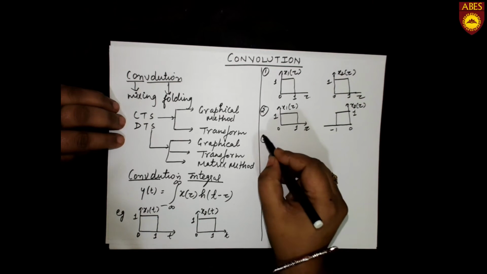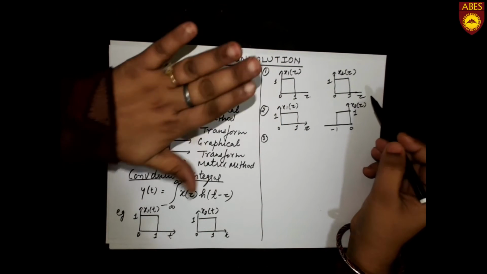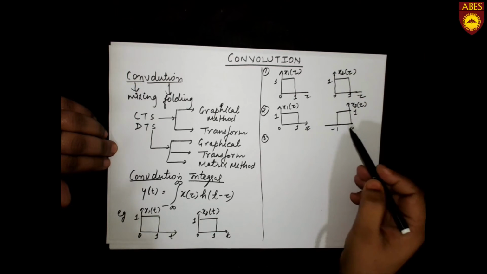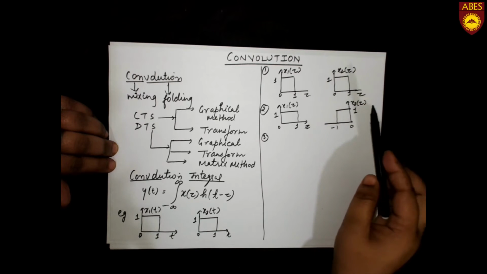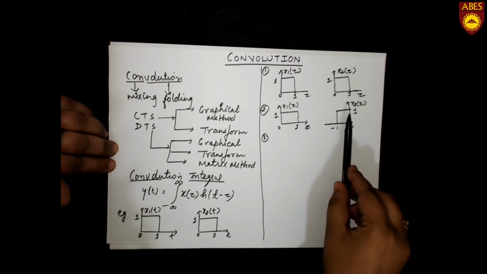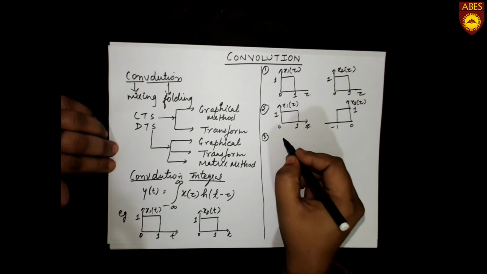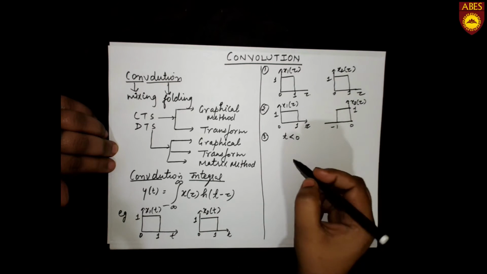Now the third step: keep this signal as it is and shift the second signal to the left side and also to the right side. So first we will shift this signal by an amount t, assuming that t is less than 0.